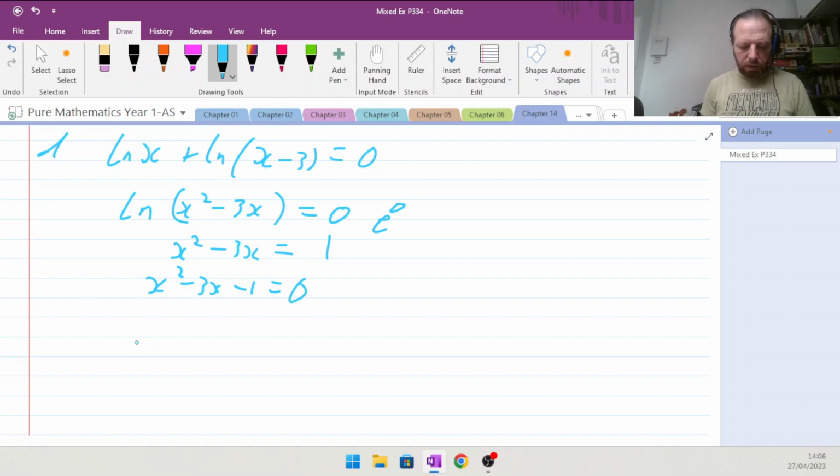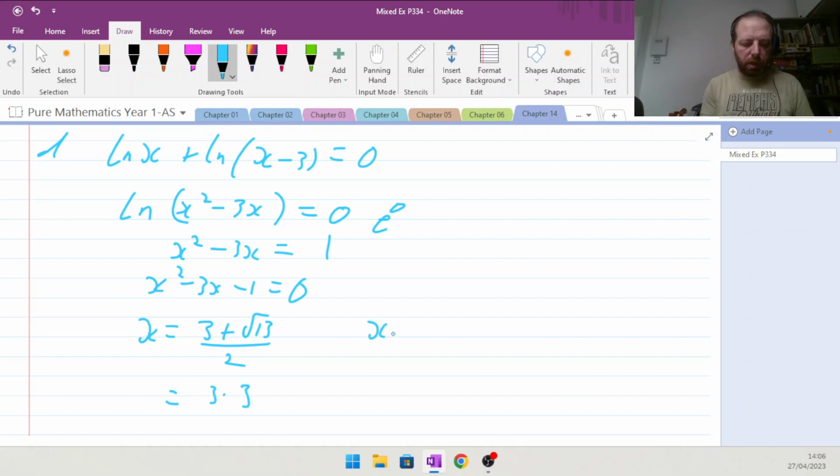Right then, so I don't think this has got a good solution on it. 1, minus 3 and minus 1. And we get x is equal to 3 plus root 13 over 2, which is roughly equal to 3.3.